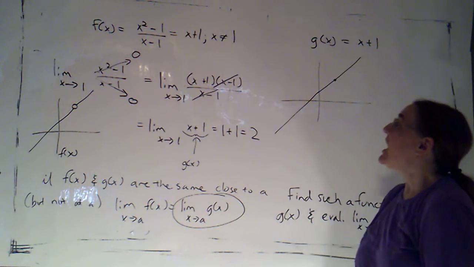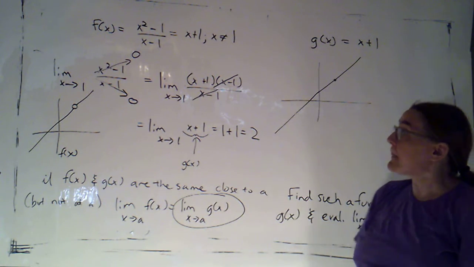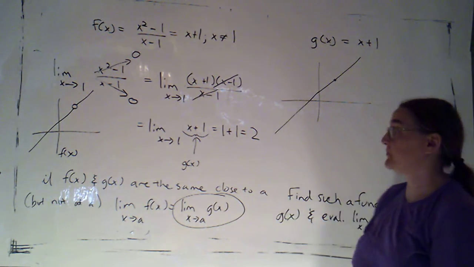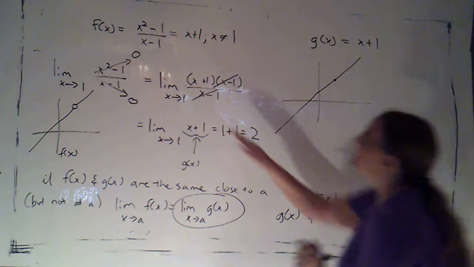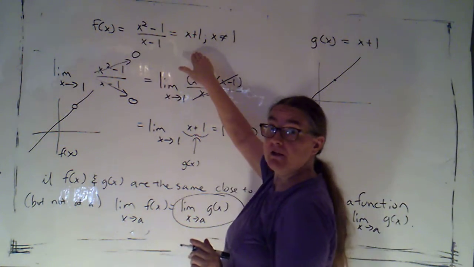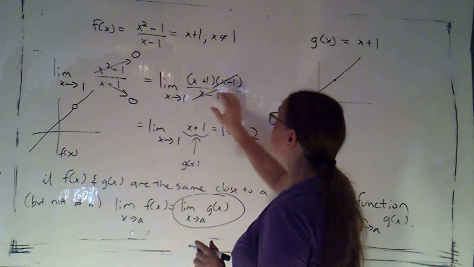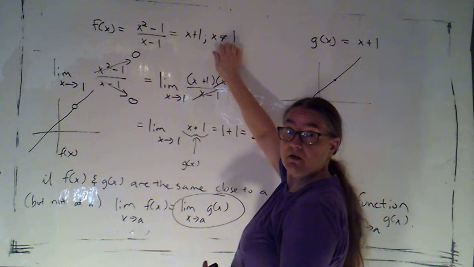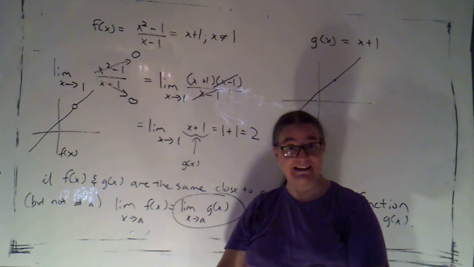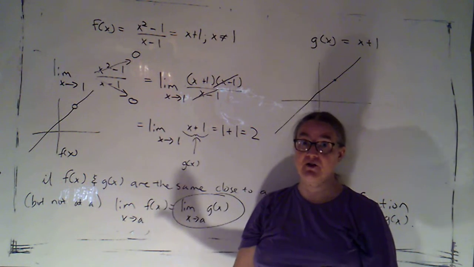Okay. Now, a couple important things on the notation. If I'm just working with the function and there's no limit involved, then when I cancel, I need to record that restriction. Because if I change the domain, I change to a different function.